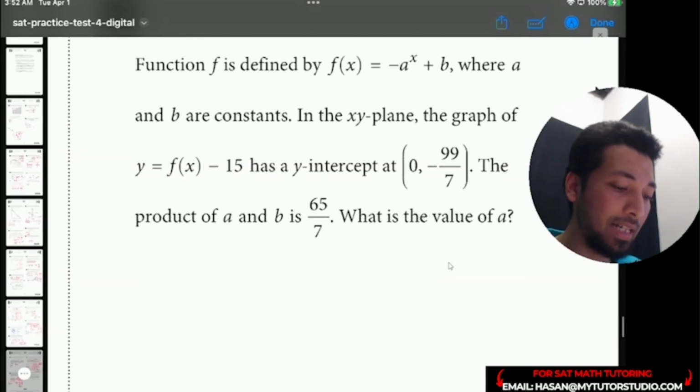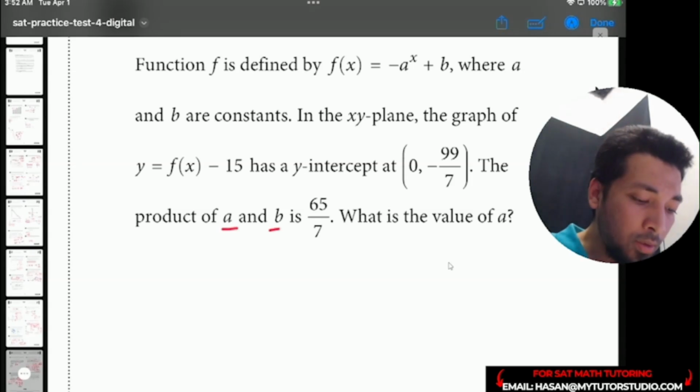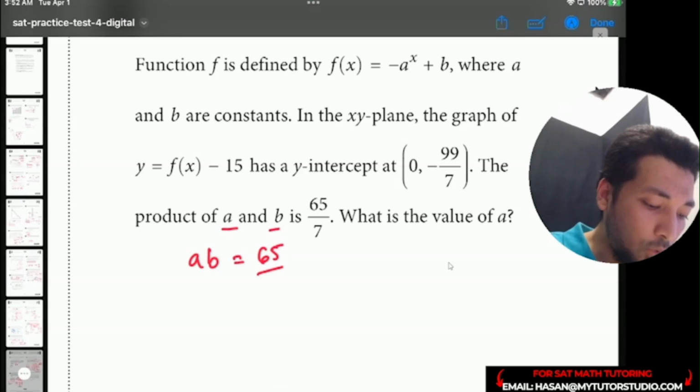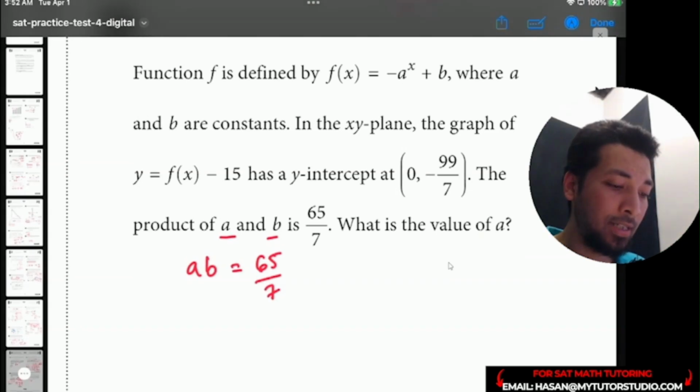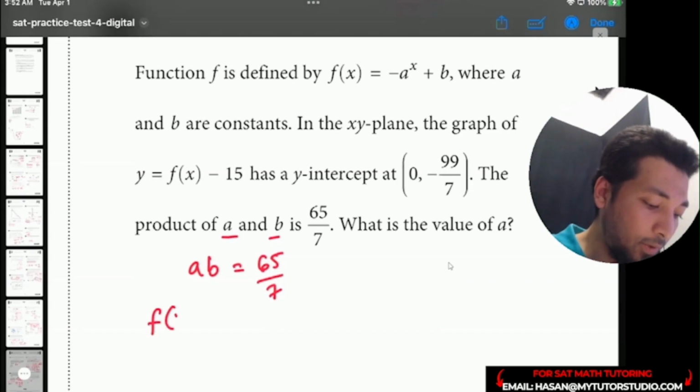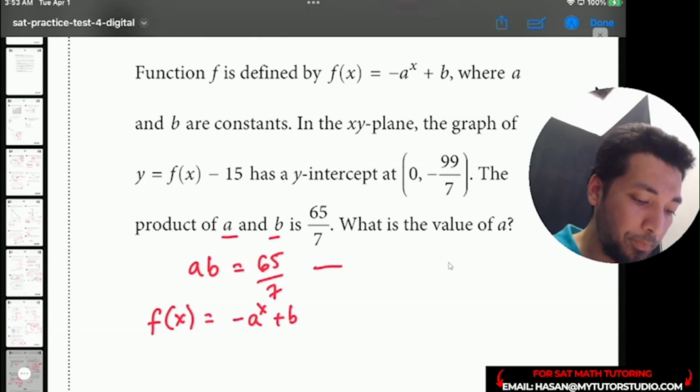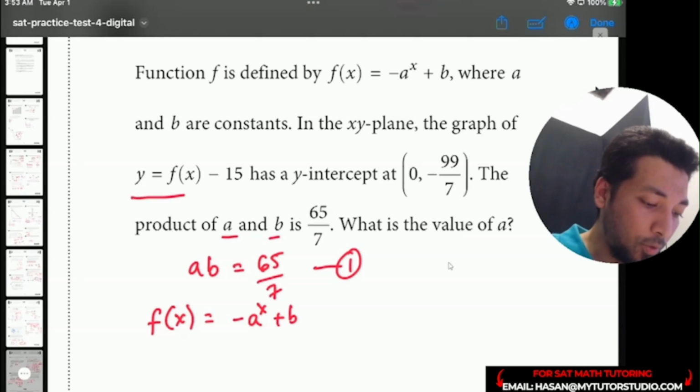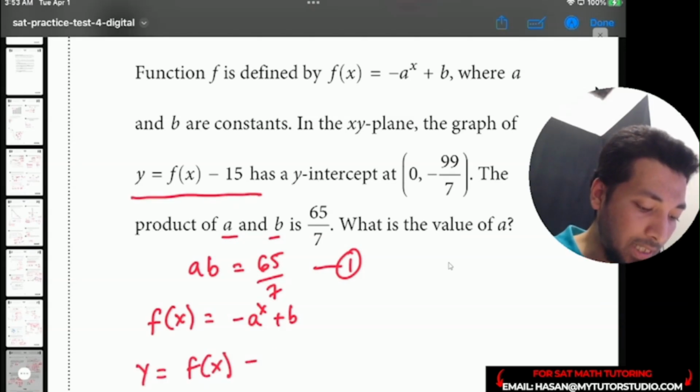So we see that we can write this first equation, a times b is 65 over 7. And for the second equation, we know that f of x is equal to negative a to the power of x plus b. So for this scenario, y is equal to f of x minus 15.